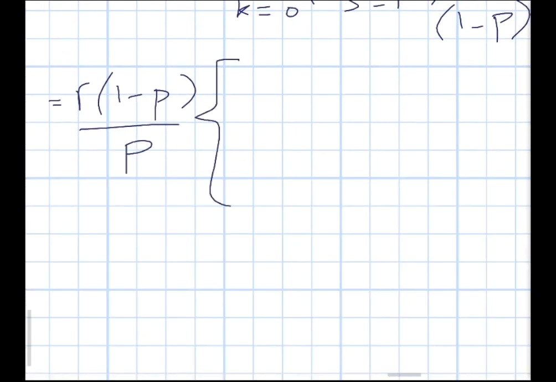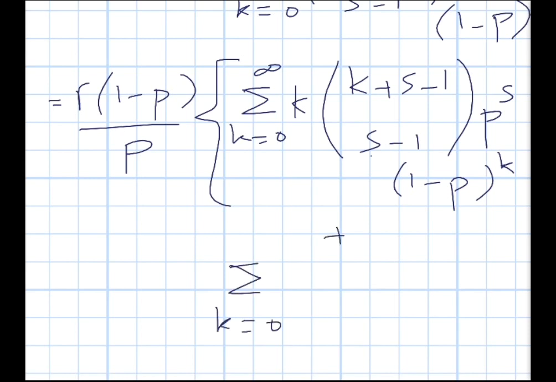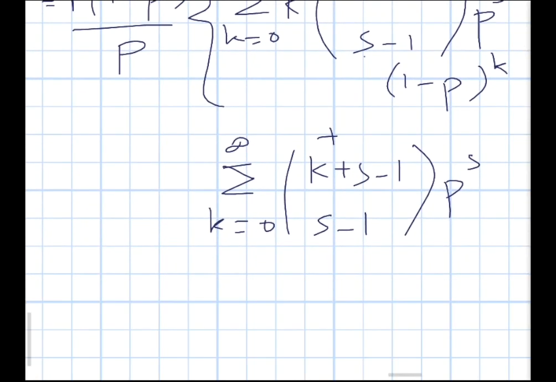Then I have the sum of k times (k plus s minus 1 choose s minus 1) p to the s (1 minus p) to the k, plus the sum of (k plus s minus 1 choose s minus 1) p to the s (1 minus p) to the k.